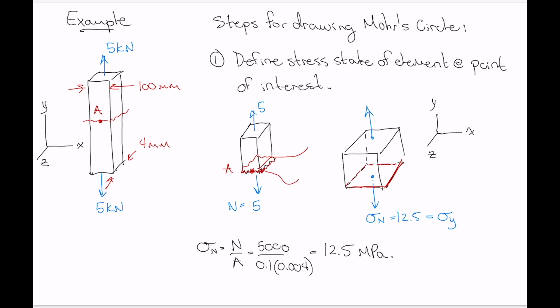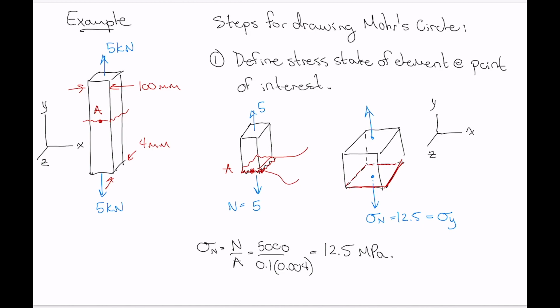Now, you draw Mohr's circle based on a 2-dimensional in-plane element, not a 3-dimensional volumetric element. So a 2-dimensional in-plane element is just the 2-dimensional view of a 3-dimensional piece of material.